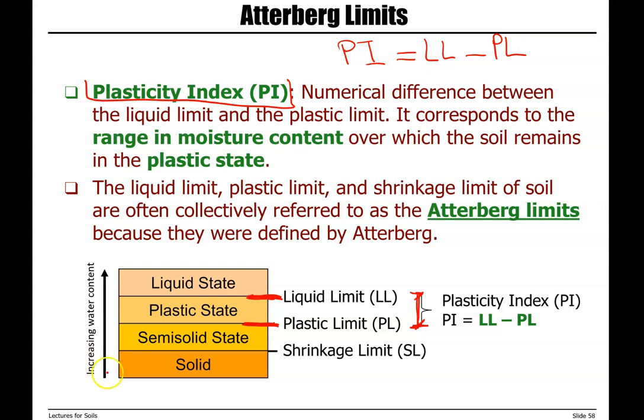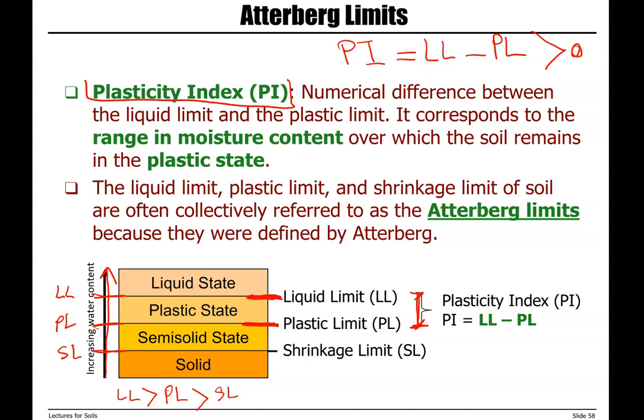And remember, this is the direction where we have an increase in water content. So this is LL, this is PL, and this is SL. So LL is always larger than PL and larger than SL, which means that PI is always a number higher than 0. So it's always a positive number.